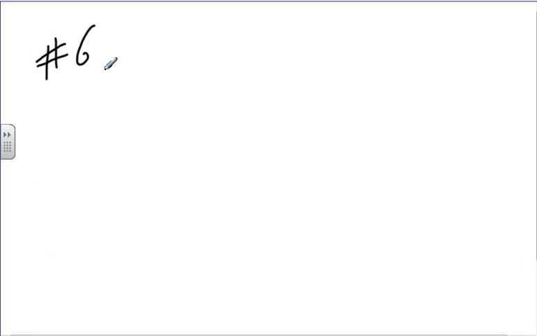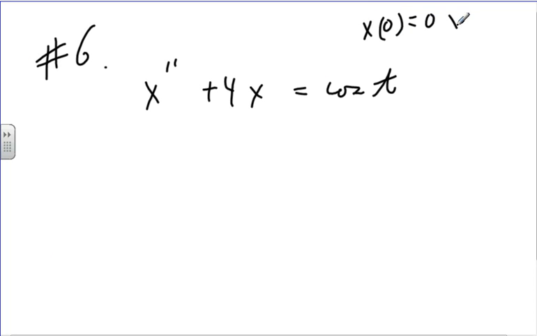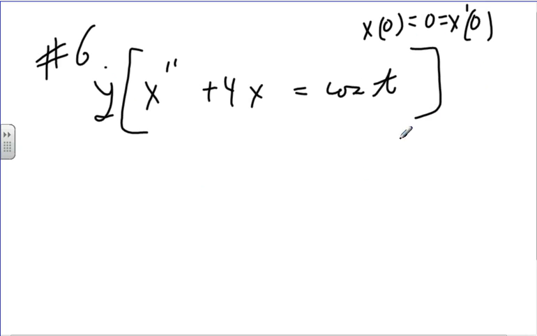Number 6. X double prime plus 4x equals cosine t. And I've got everything is 0. So x at 0 is the same as x prime at 0. So that's going to be pretty simple. Okay, so I'm going to take the Laplace transform of everything.